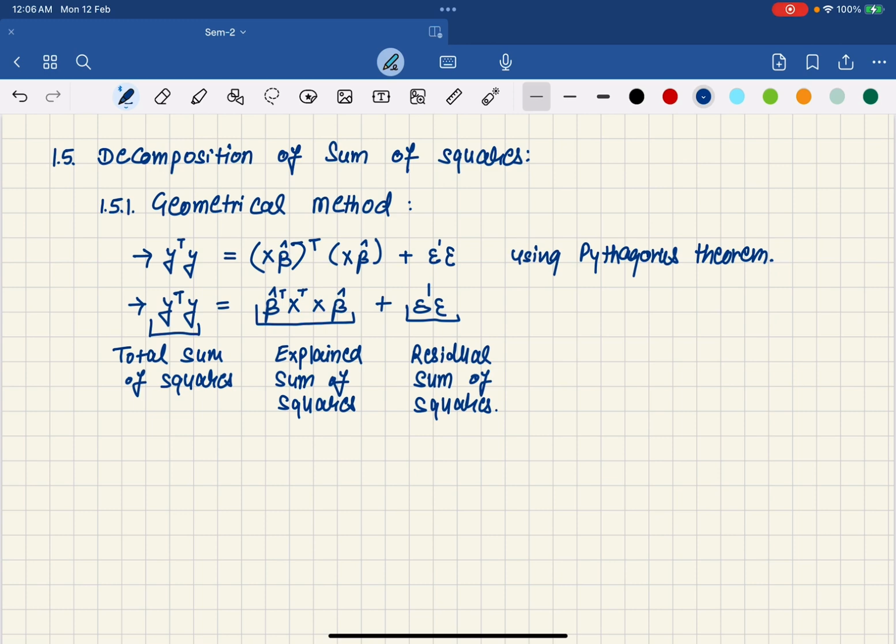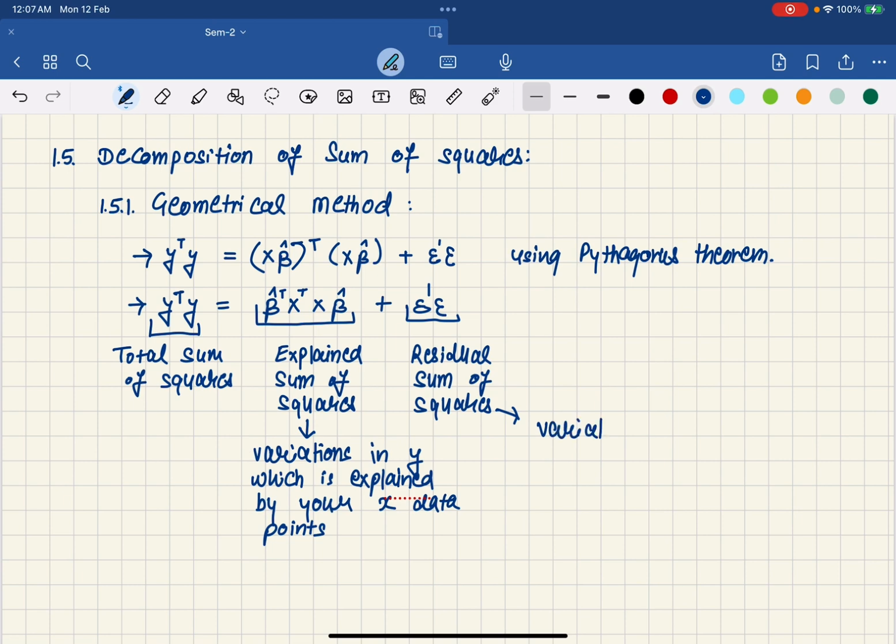Okay, so this first term is your variations in y, which is explained by your x data points, and this residual sum of squares is your variations in y, which is not explained by your x data points.